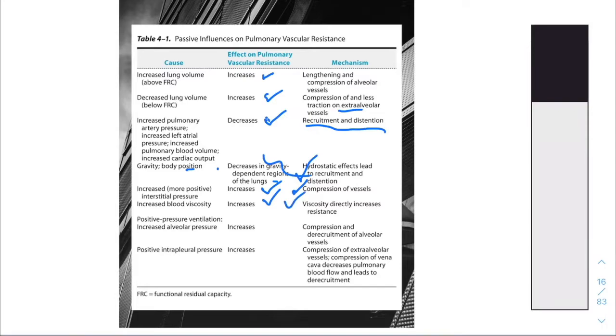Viscosity directly increases resistance. Positive pressure ventilation, increased alveolar pressure, increases your PVR because of compression and de-recruitment of your alveolar vessels. Positive intrapleural pressure increases your PVR because of compression of your extra-alveolar vessels, and compression of your vena cava decreases pulmonary blood flow and leads to recruitment.